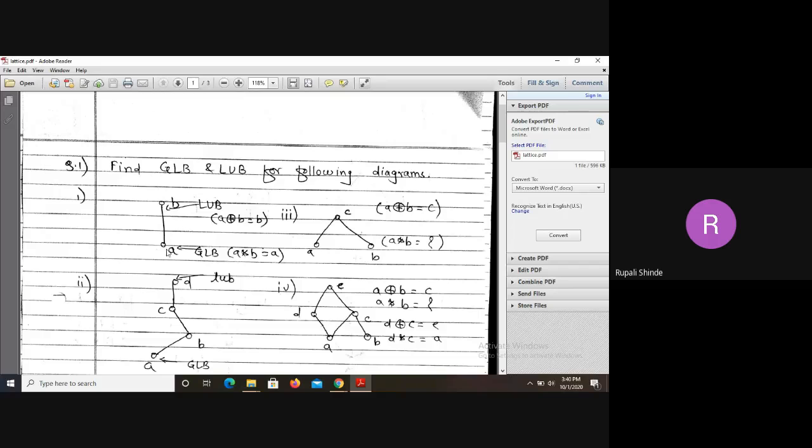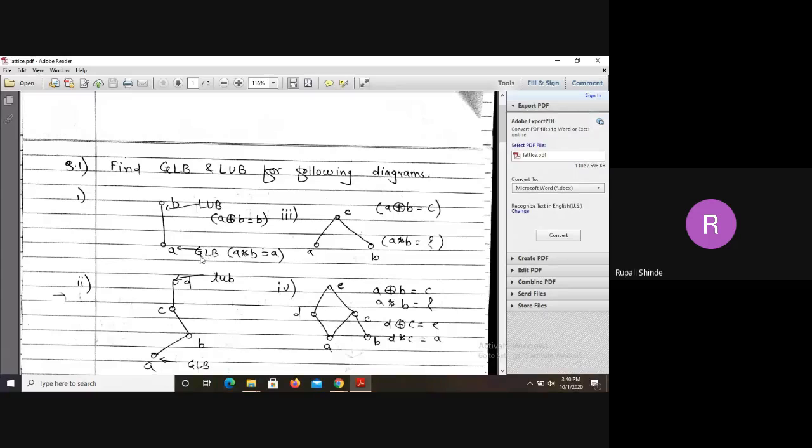This diagram contains two elements A and B. So A is called the greatest lower bound of elements A and B. If you apply the greatest lower bound operation on A and B, it is A. So its answer is A. That's right. Greatest lower bound of A and B is equal to A.